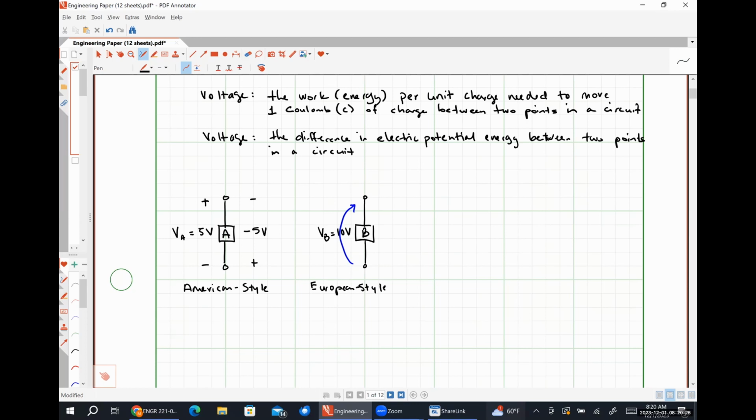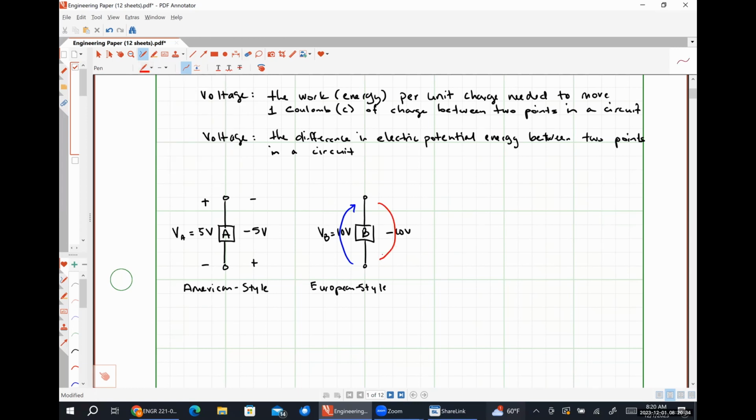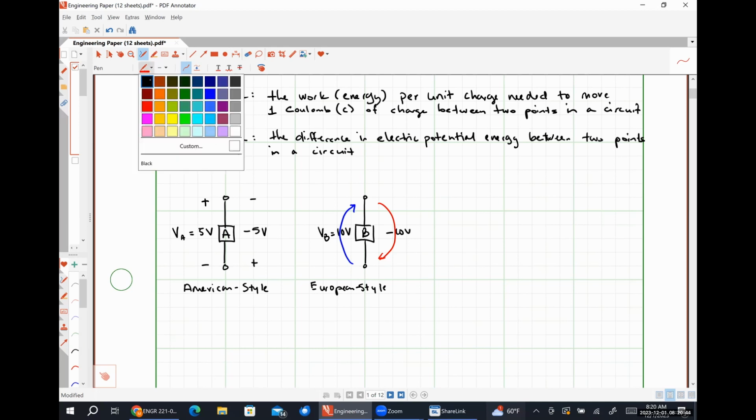And then obviously, if we wanted to represent negative 10 volts, we would just change the direction of our arrow. So not ever going to use this again. Just wanted to make you aware of it.